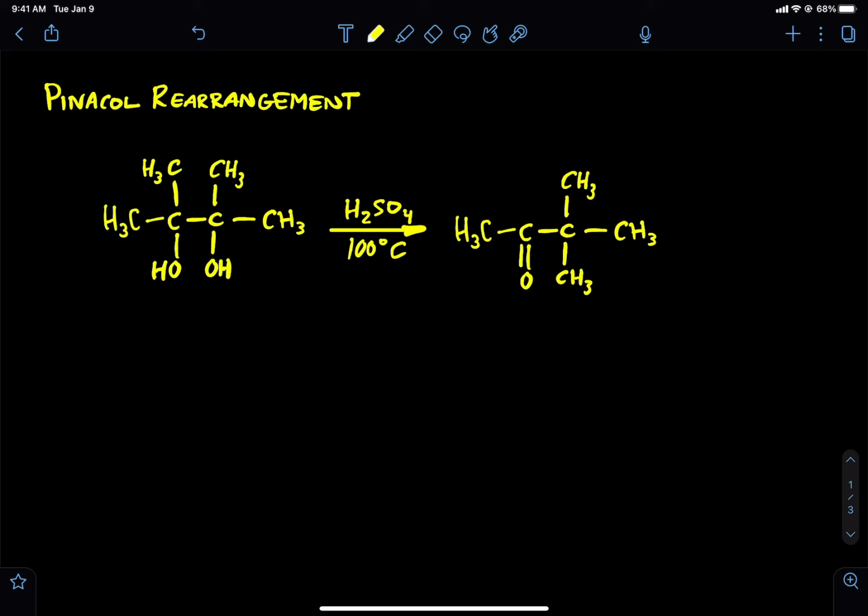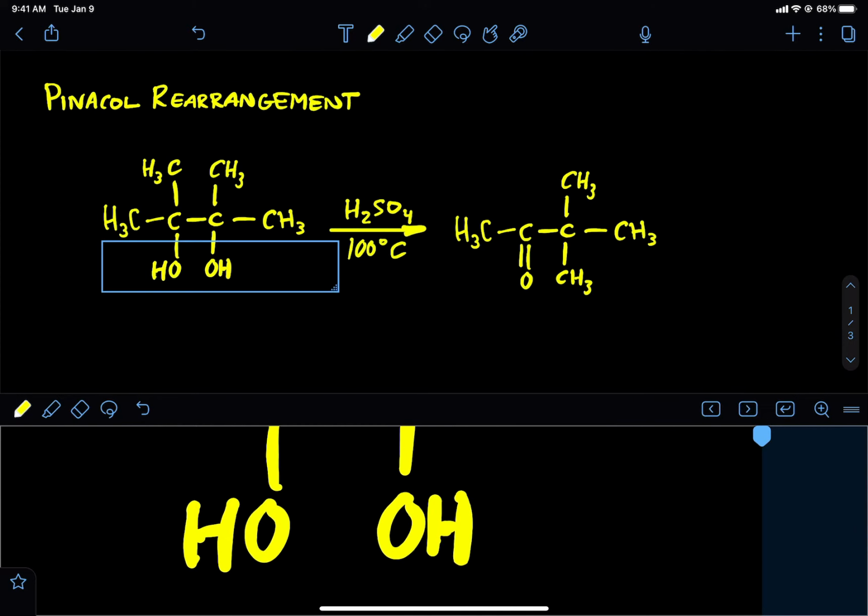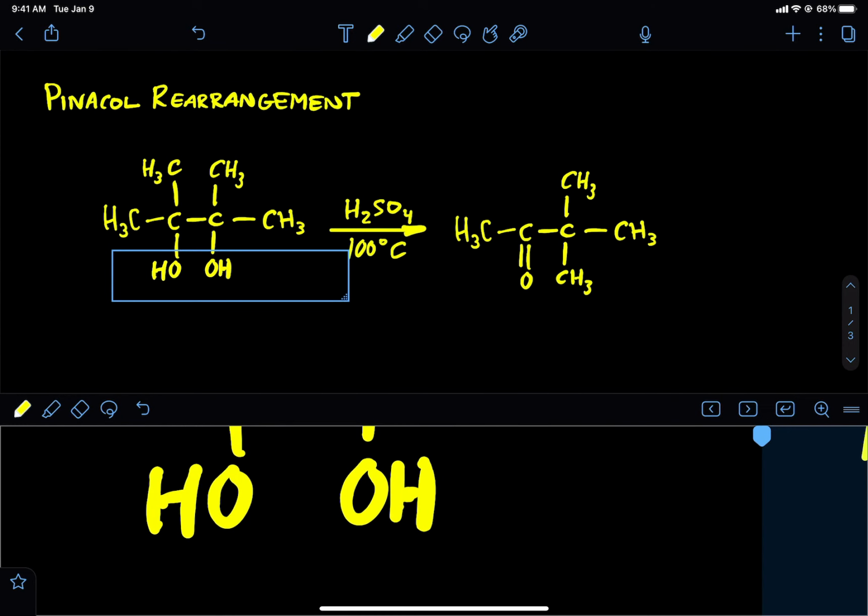So let's do that. If we look at the starting material, we really only have one option for where the proton transfer happens, and that is with the alcohols. These alcohols have lone pairs. Being highly electron rich, they will be attracted to a proton from our sulfuric acid. So let's pick one alcohol.